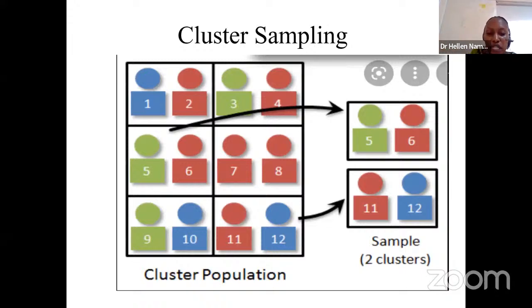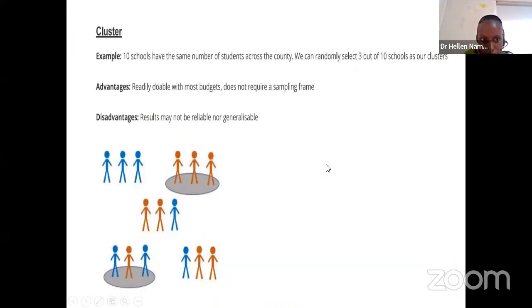In case you pick these 2 clusters, you can use all the respondents within these 2 clusters, all of them to be part of your sample size. Or you can go ahead and do a second selection, as we are going to discuss, which we call the secondary sampling units, but the first sampling units, and that is very important. I encourage you, in case there are questions, please post them in the chat, and then my colleagues will answer them, or I'll echo them out as I continue.